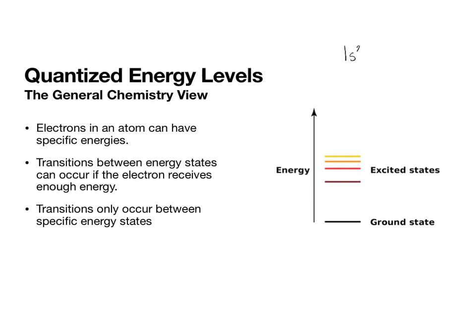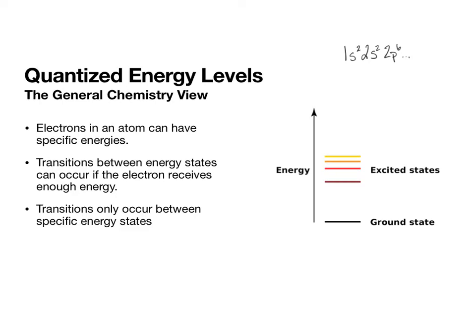Remember saying that the electron configuration is 1s2, 2s2, 2p6, etc., and that each of these electrons existed at a particular energy and that they could only have those particular energies. So this is still true. These electrons in atoms do have quantized energies.